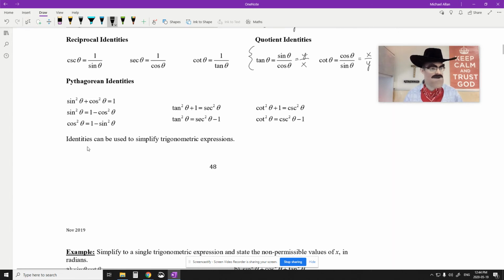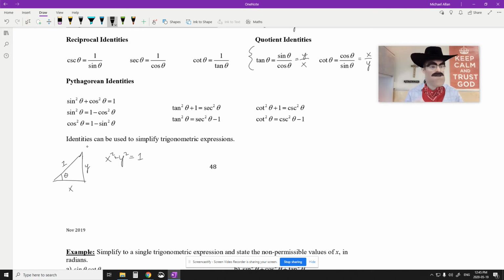Okay, so if I were to draw that out, here's my angle theta. This is my y, this is my x. And if I use the Pythagorean theorem, if I'm on the unit circle, then x squared plus y squared should equal 1 squared. There you go, right?